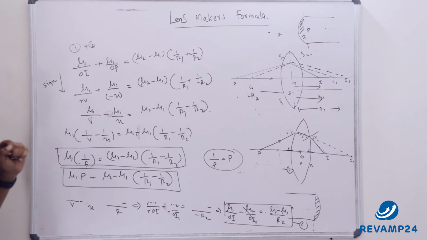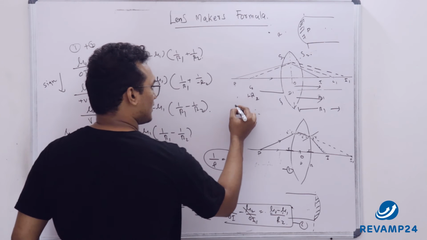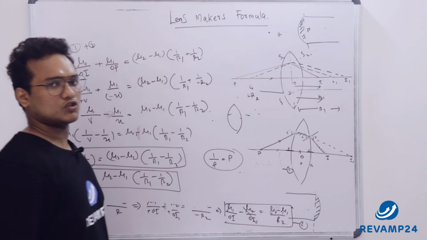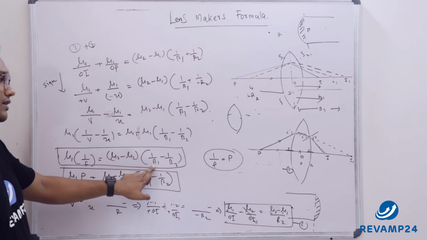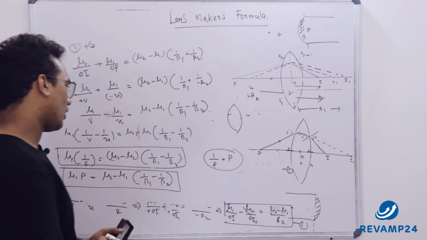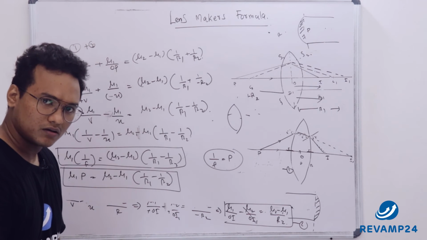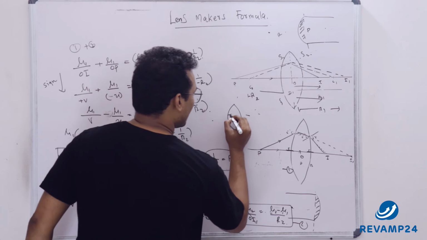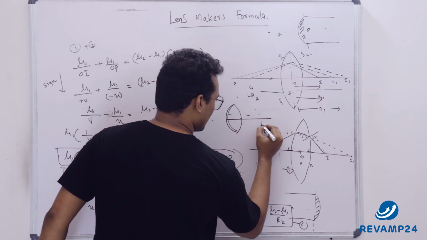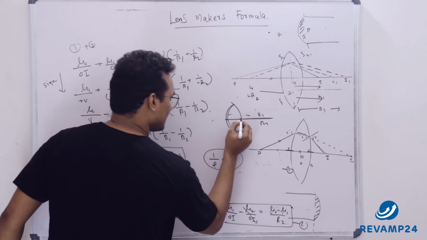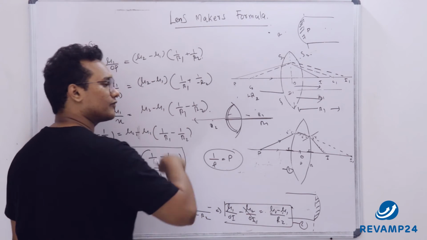Now you may ask, if both the surfaces are made with the same radius, then R1 and R2 are the same, so this term would be 0 and the whole term will become 0, right? No. See, R1 would be measured in the rightward direction and R2 is measured in the leftward direction.